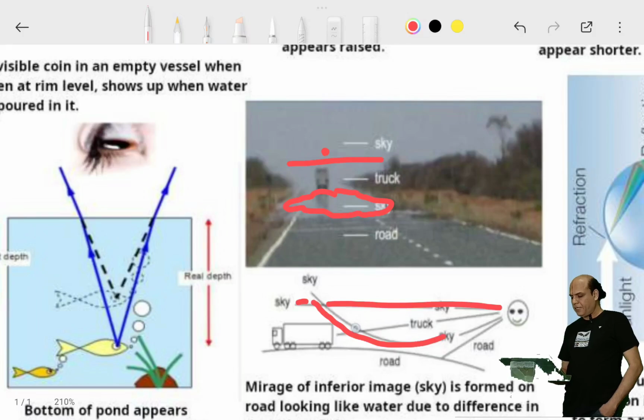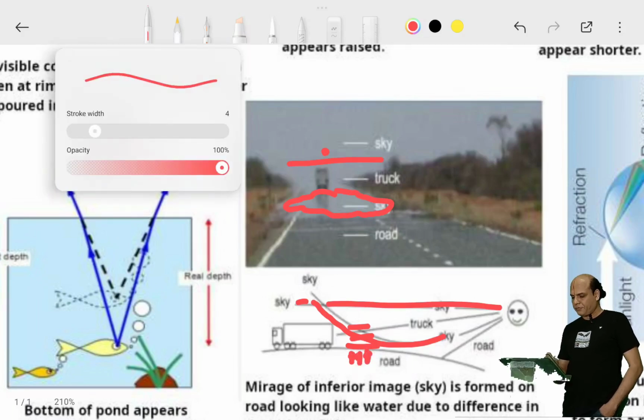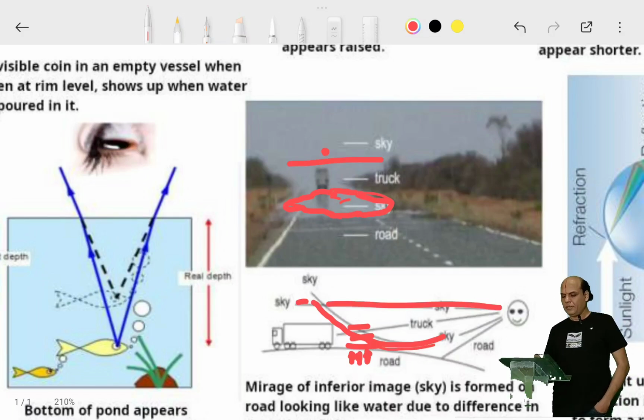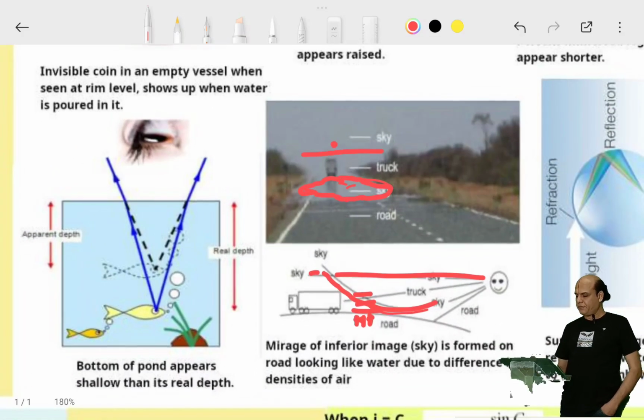The reason being, here the air is very hot, because it is hot summer. Due to this difference in refractive index, this ray is bent and an artificial image of the sky is formed here. So this image of the sky appears as if it is a pool of water. This is due to refraction.